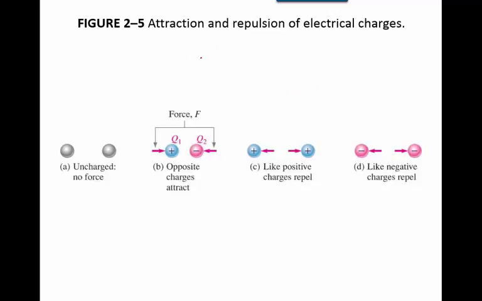In a circuit, if I have a battery, here's a battery, plus side, minus side, and I have some circuit element right there. I don't care what it is right now. It can be a resistor, it can be anything. And this is copper wire right here. There's a bunch of electrons sitting in this copper wire.